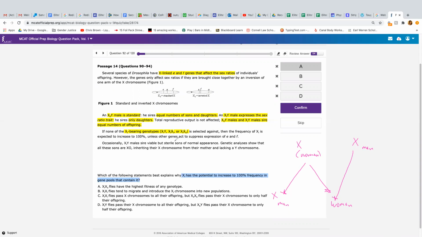So let's remember again what the phenotype associated with having the mutant form of this was. It meant that you could only have female offsprings. Okay? So the question's asking us, how do you end up with this mutant gene being 100% of the gene pool, right? Remember, only female offspring. I think I might have misspoken.